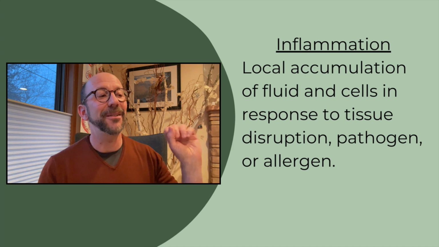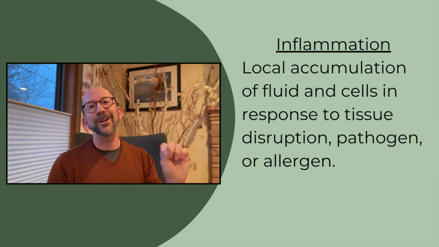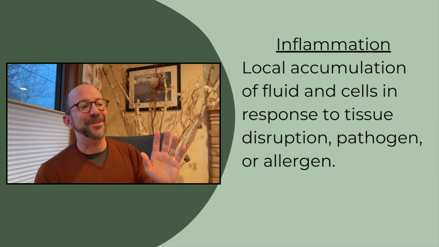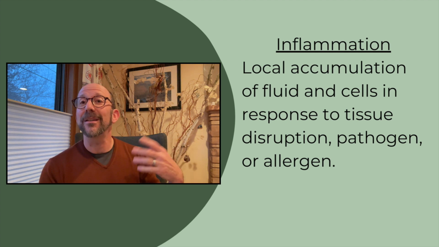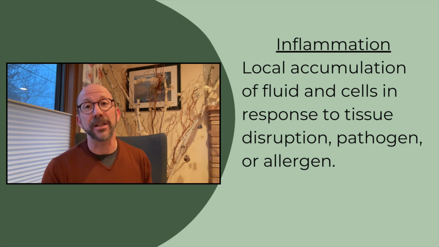Inflammation is a local accumulation of fluid and cells in response to tissue disruption or the presence of a pathogen like an infectious agent or an allergen. It's swelling, it's immune cells, and the big part about inflammation when it comes to musculoskeletal stuff is the space that the fluid takes up.